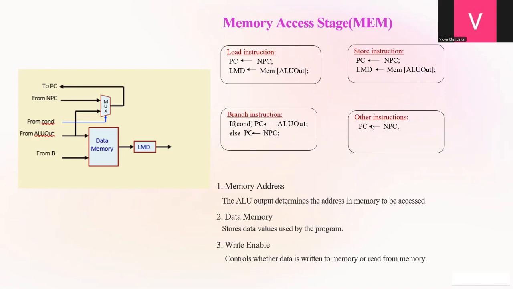For other instructions, PC contains the data of NPC. The branch instructions update the PC depending upon the outcome of the branch condition.